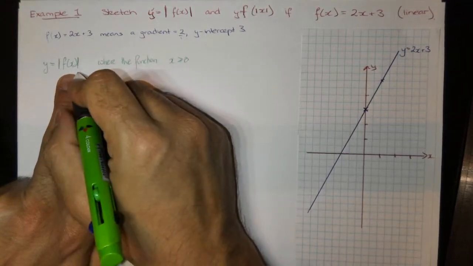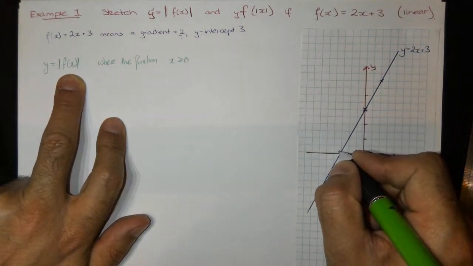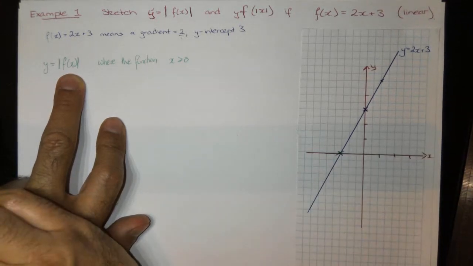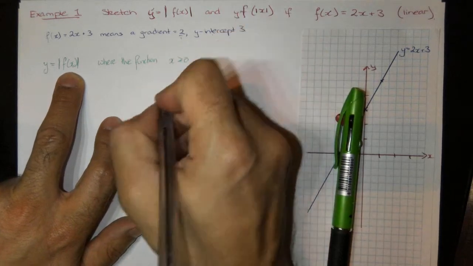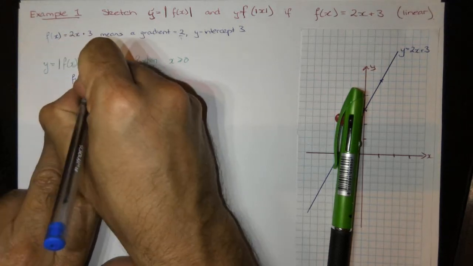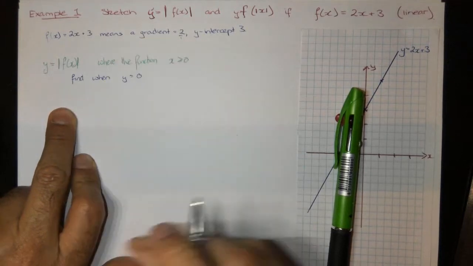So I notice where it cuts the x-axis, so I want to find when y equals 0.